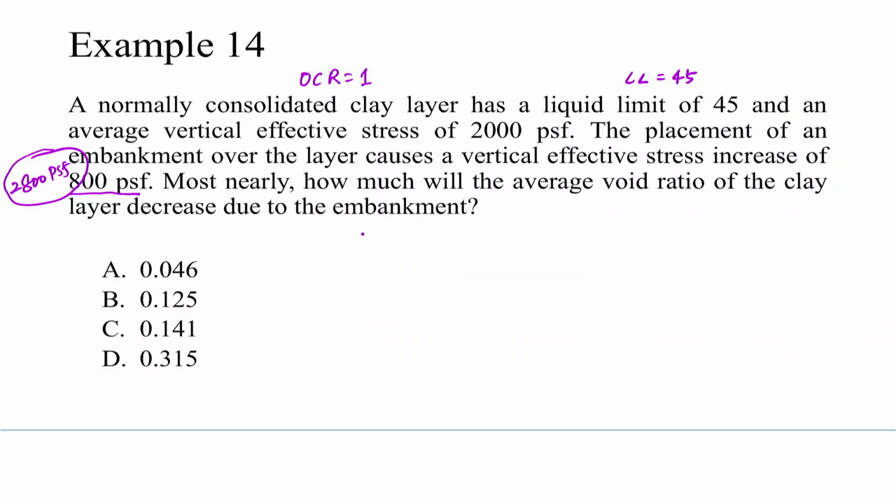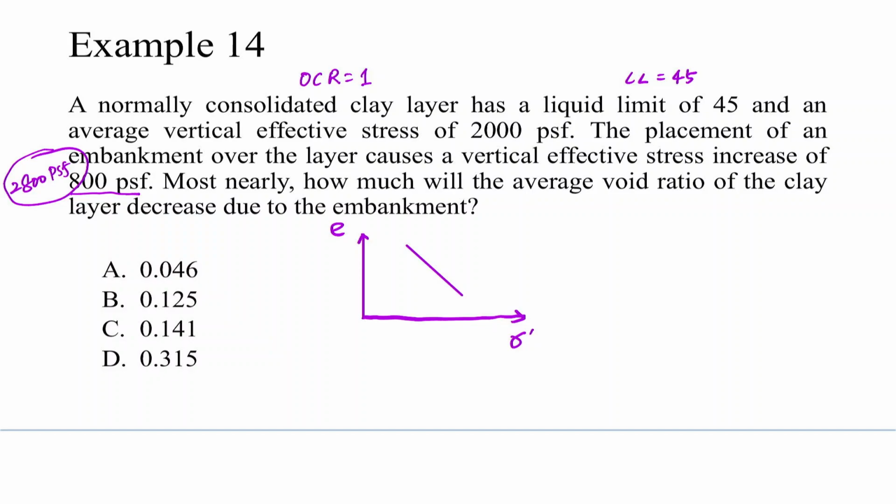For any consolidation problem, it's really good to plot something like e versus sigma. Technically, it should be sigma prime again. For a normally consolidated soil, we're talking about a soil that has never experienced a pressure in its geological history greater than the existing vertical effective stress.